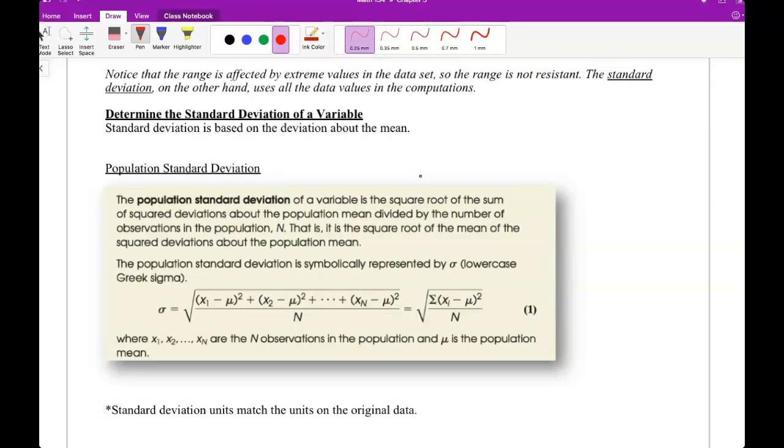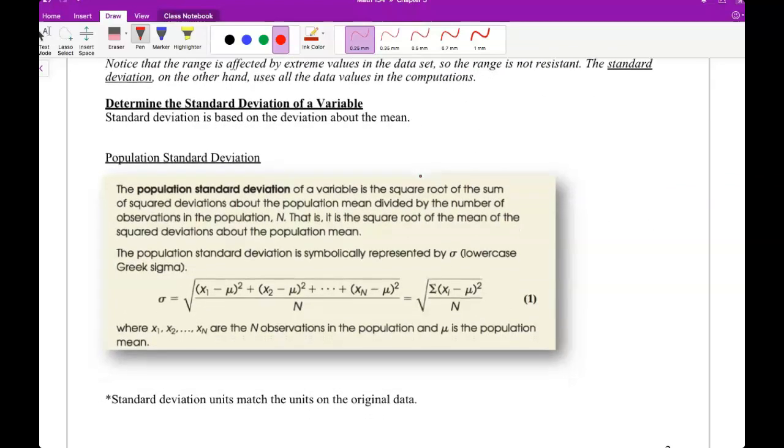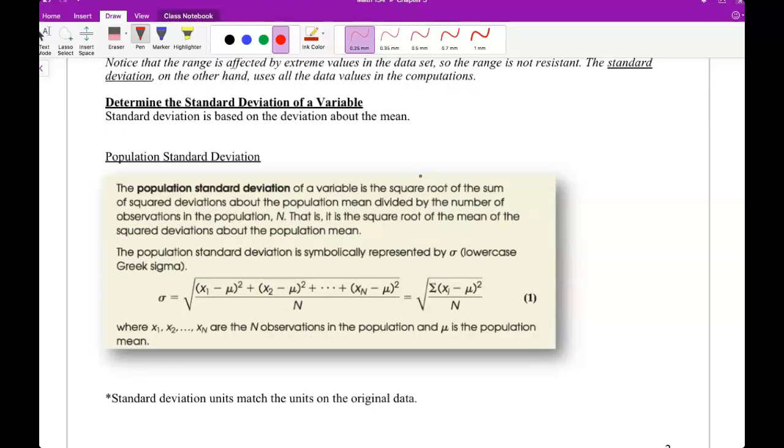Okay, now the next part, we should find the standard deviation of a variable. First part, this is a population standard deviation, and we call that sigma. So population standard deviation of a variable is the square root of the sum of squared deviations about the population mean.